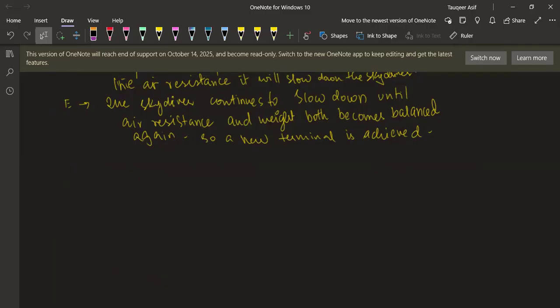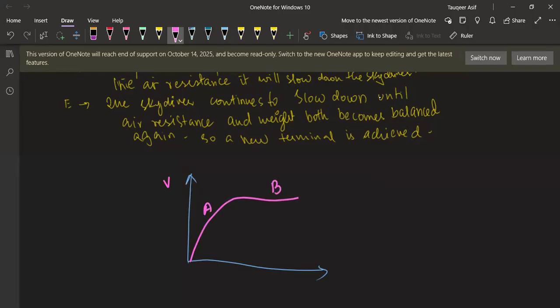We have to draw the speed time graph. So there will be the decreasing curve, right? And in the second part, the speed is constant. Then there will be the horizontal line. So the first part is A, second part is B. This is the speed time graph. This is the past paper question.